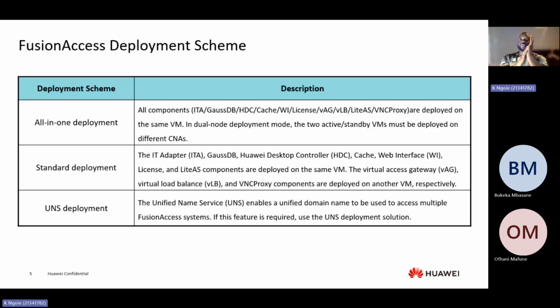When we have users from 500 to 10,000 in a medium-large enterprise, we can use the standard deployment. And when we have more than 10,000 in a large-scale organization, we can use the UNS deployment.